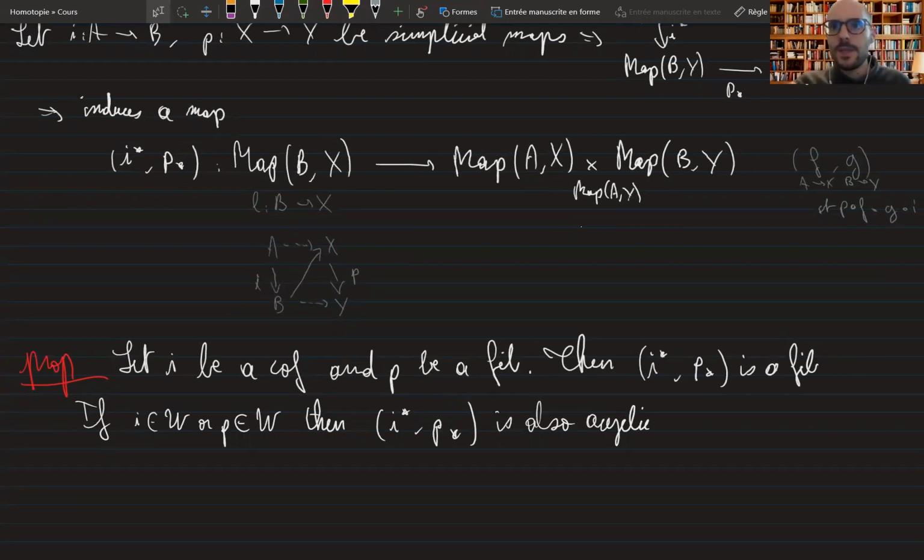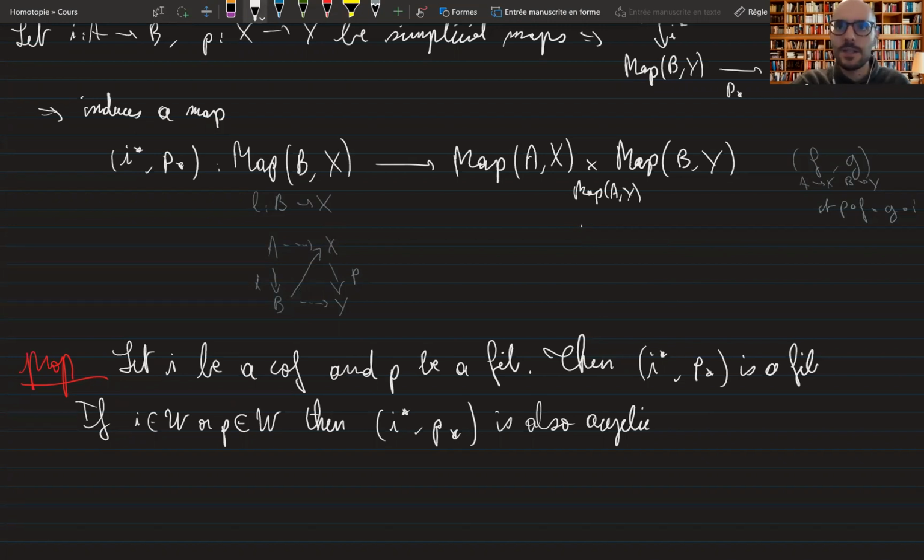If one of the two is acyclic, then you know that there exists always a lift, but it's even stronger than that. And probably in the course of Muriel Livernay, you will see how to interpret this in terms of higher category, but essentially it means that for any commutative square, there is a unique homotopy class of maps, up to homotopy, a unique lifting solution.